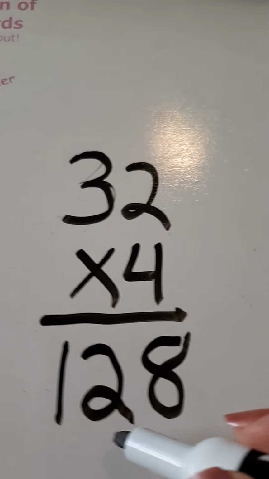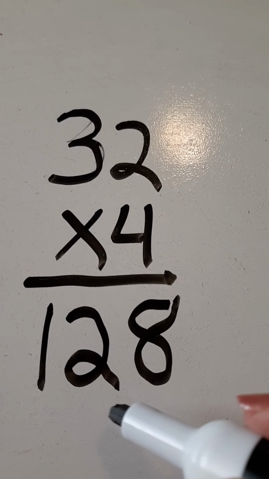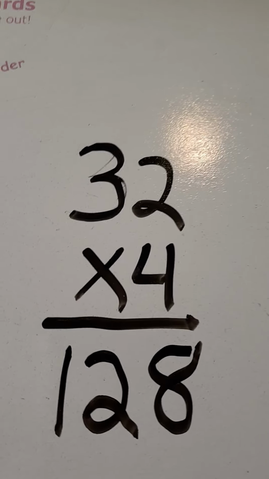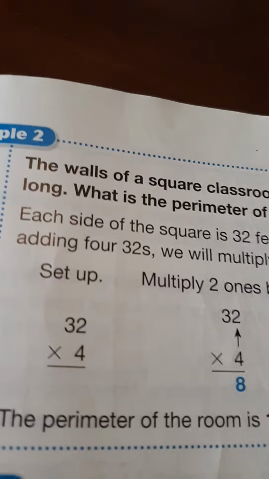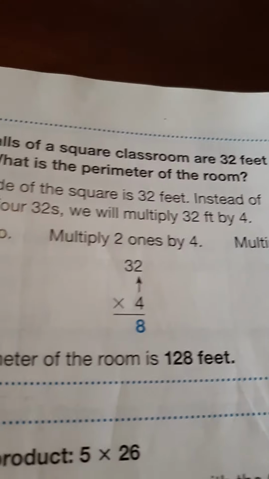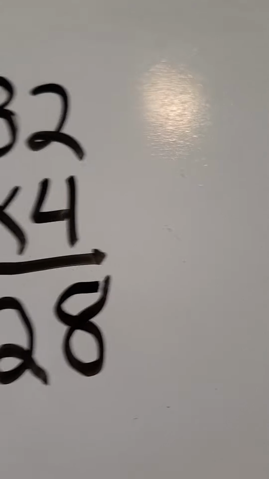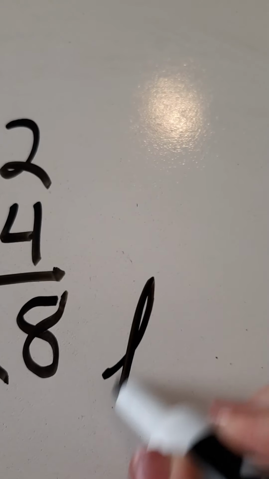So it's 128. All right, and if this was a story problem and it was feet, we make sure we have our label of 128 feet. So we always want to make sure we're putting our label on there.